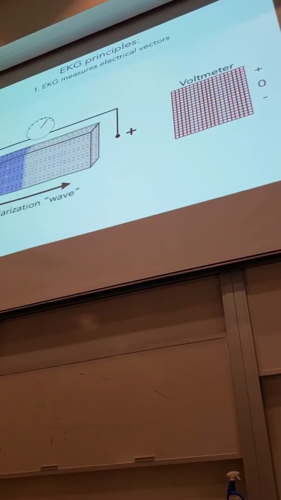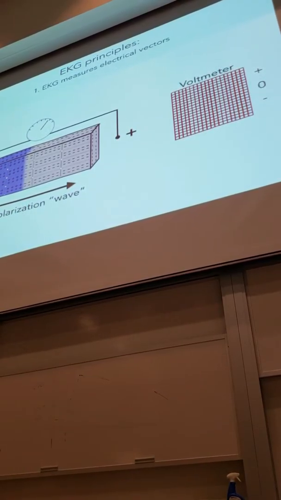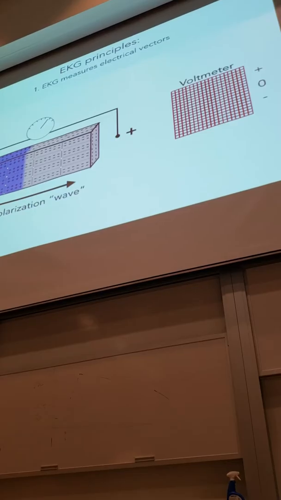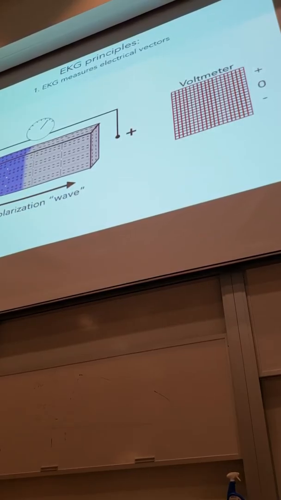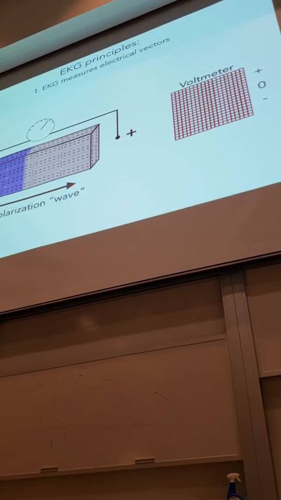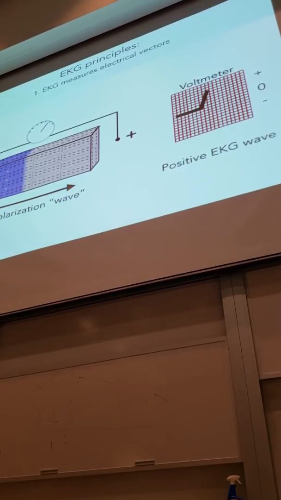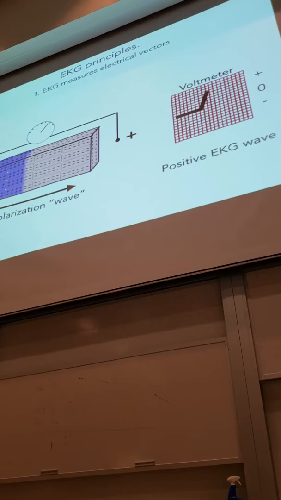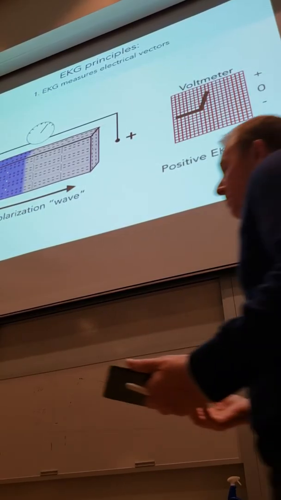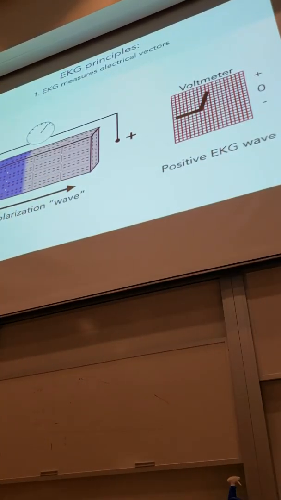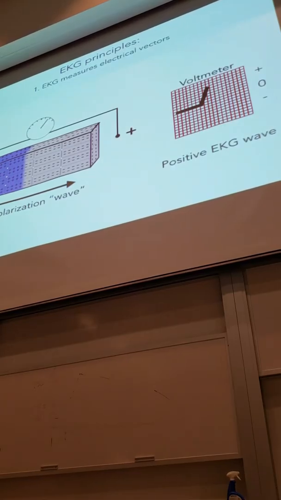Okay. If we have a depolarization wave that's moving, and what's critical here is that it's moving towards one of our electrodes, we're going to have a wave. And the way that this appears on an EKG is that if a depolarization wave is headed towards that positive electrode, we're going to have a positive deflection of the EKG.